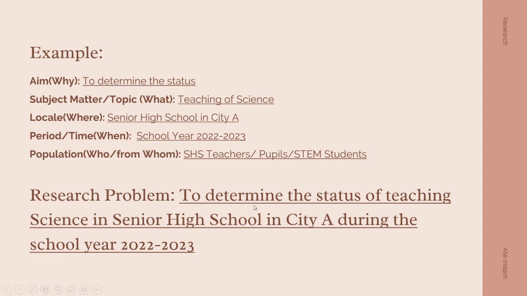To determine the status of, which is the why, teaching science, which is the what, senior high school in CTA, which is our locale, and the period, school year 2022-2023. You may notice that I didn't include this, but you can.